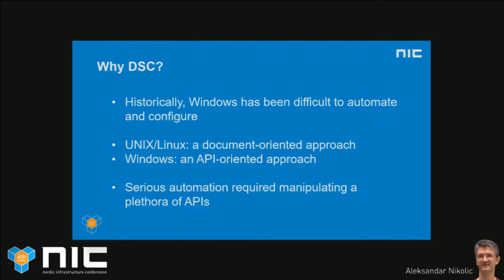With Windows, we need to deal with so many different APIs. So practically, what we get with desired state configuration is a kind of abstraction layer on top of all that. We will not care about underlying APIs. We will just care about the state that we want on our target nodes.